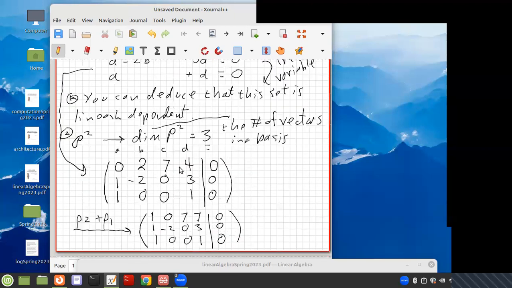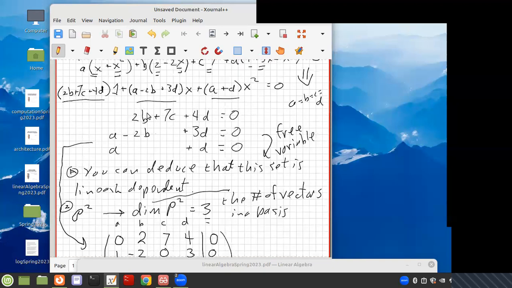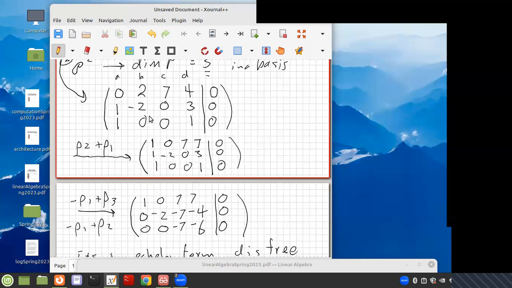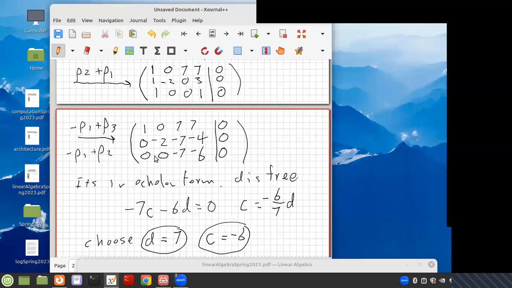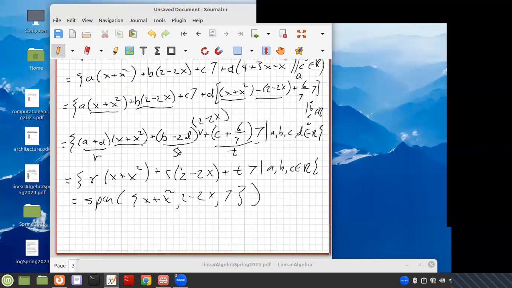So the augmented matrix to check for the linear independence of these 3 would just be this matrix, and that reduces down to this matrix. So A, B, and C are leading variables. Since there's no D here, I would end up with C being 0, and B is 0, and A is 0. So you could see from this that these vectors are linearly independent.